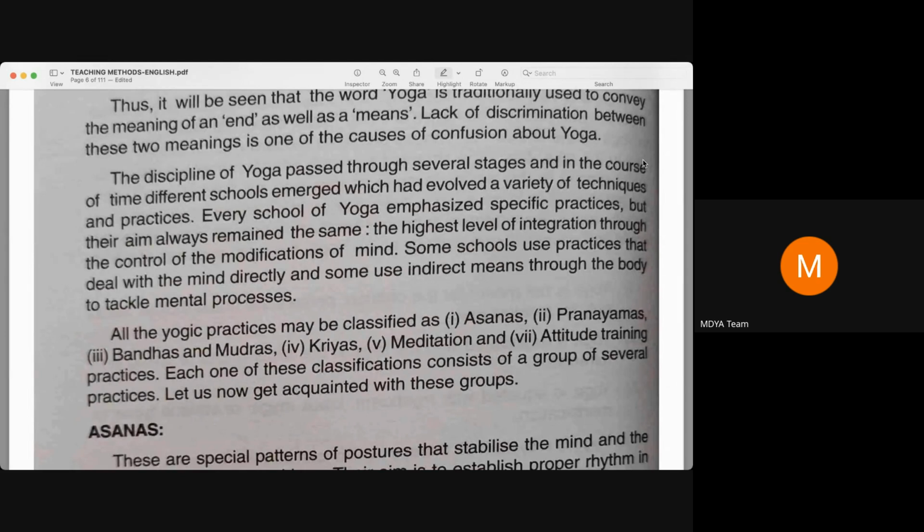So some schools use practices that deal with the mind directly, and some use indirect means through the body to tackle the mental processes. First you have to have full control of your body, like your postures, and you have to purify your body internally and externally.